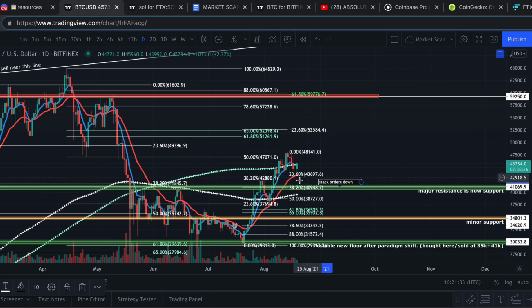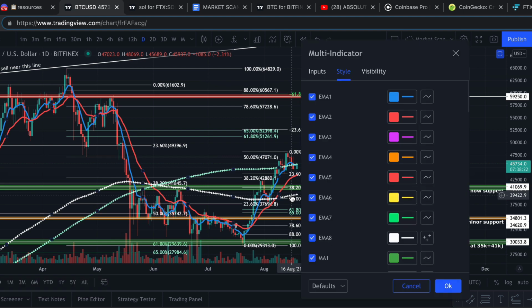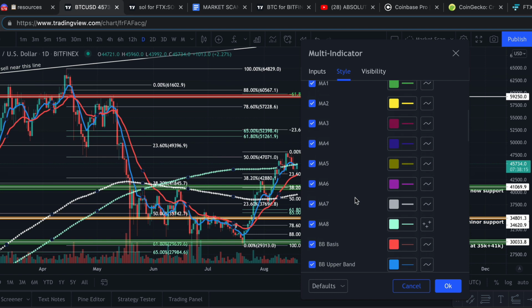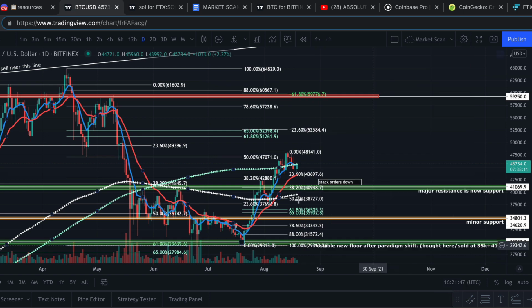I like this area because this is the 200-day moving average, and I'm simply waiting for that to hit. Let me just double check. Excuse me, it's the 200-day exponential moving average. And this is the 200-day moving average, just the actual moving average.